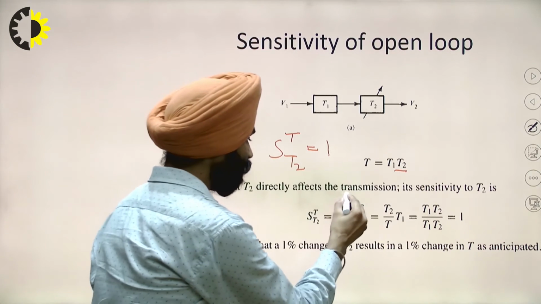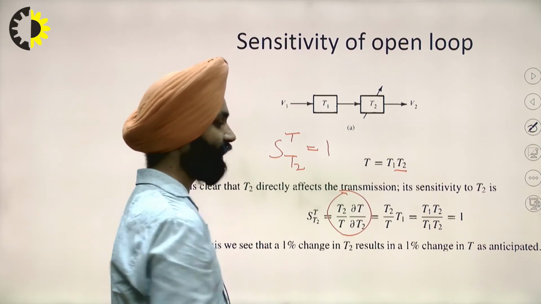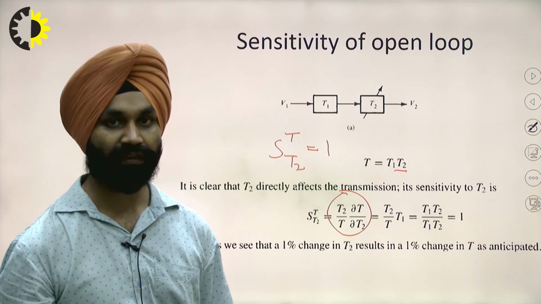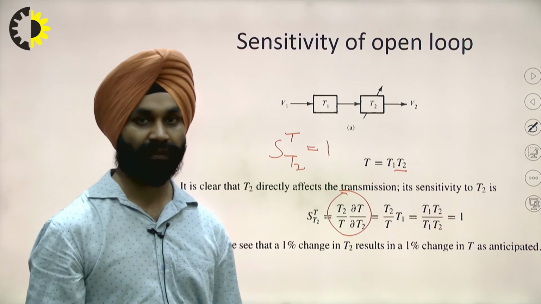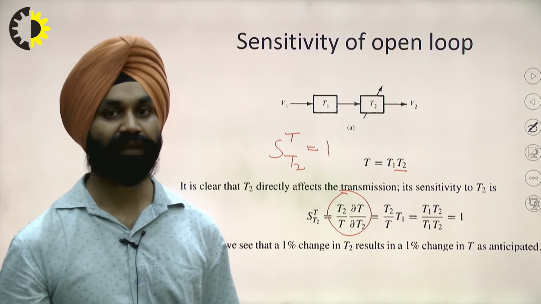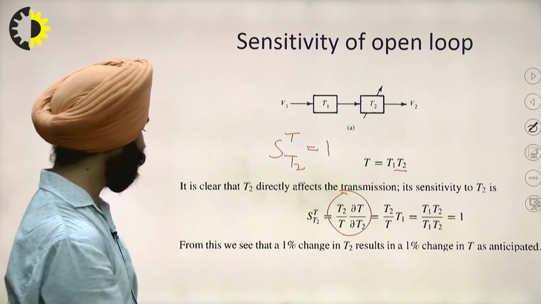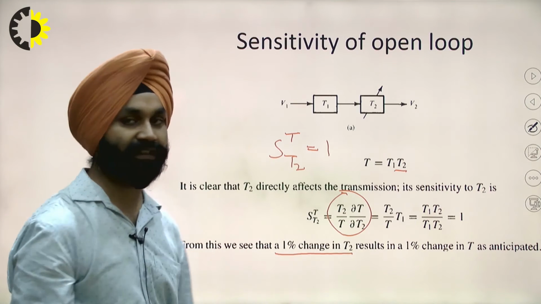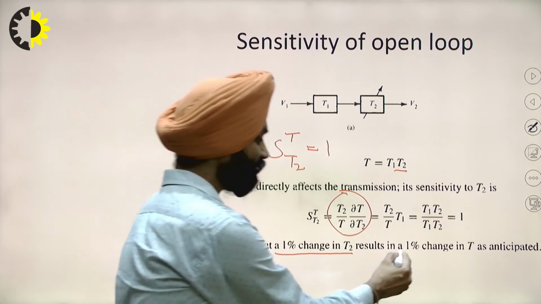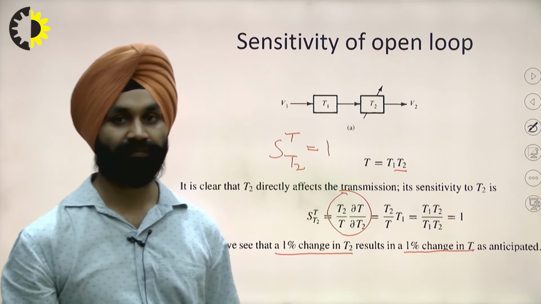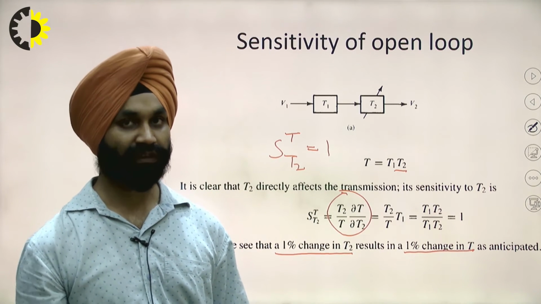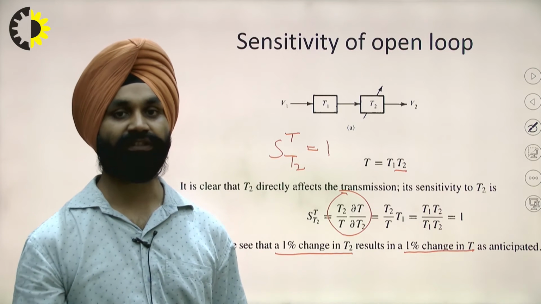Or we can say in other words that 1% change in T2 will result in 1% change in T, the total transfer function. So one change will result in the other change with the 1%.